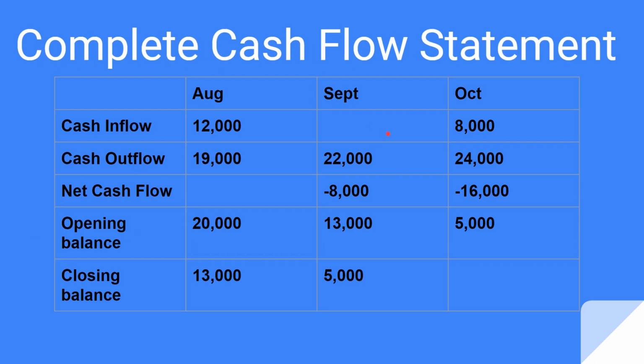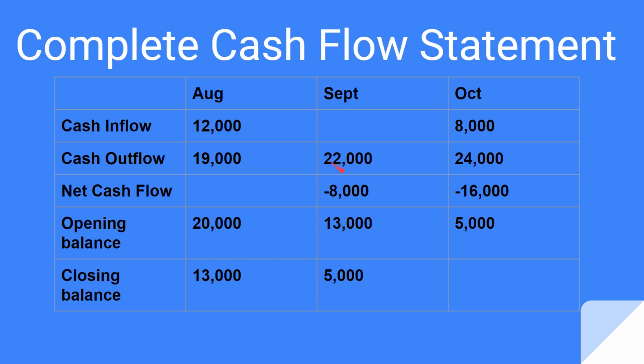All right, super stuff. We've got another one we can practice right here as well. Here we can see that cash inflow or receipts is 12,000, cash outflow 19,000. So that is negative 7,000. What's going on here? Well, we don't have the actual receipts or cash inflow figure here, but we can see net cash flow is minus 8,000.